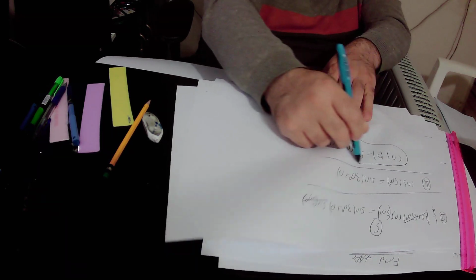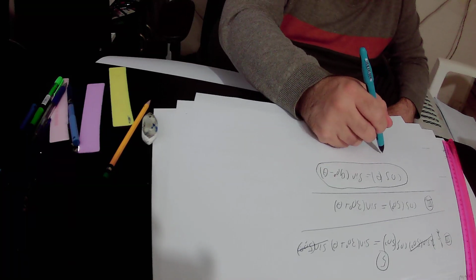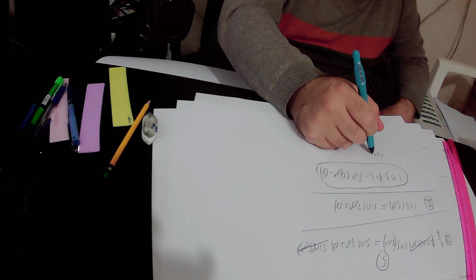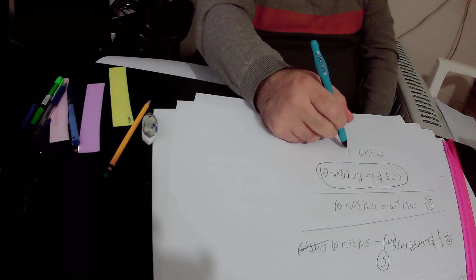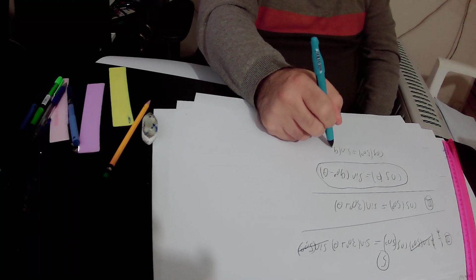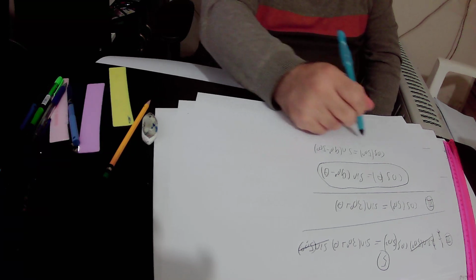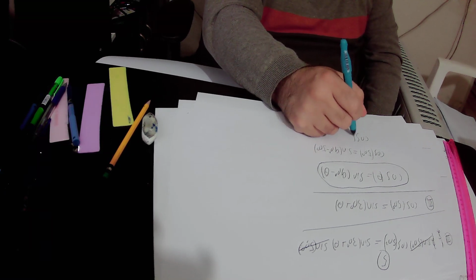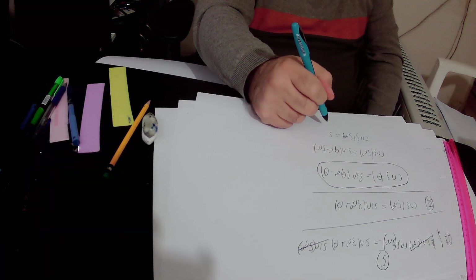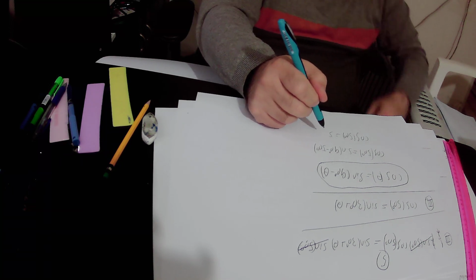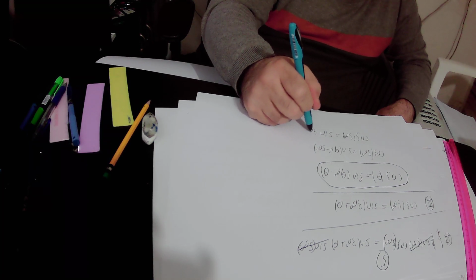So according to this trigonometric identity, we will get that cosine 50 degrees equals sine 90 degrees minus 50 degrees. That is to say, cosine 50 degrees equals sine 40 degrees, because 90 degrees minus 50 degrees is 40 degrees.